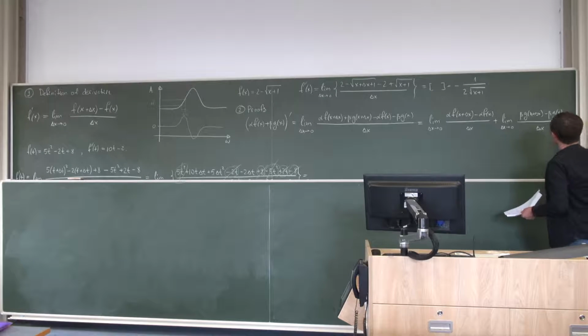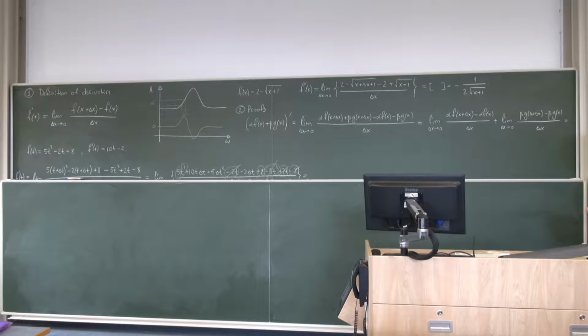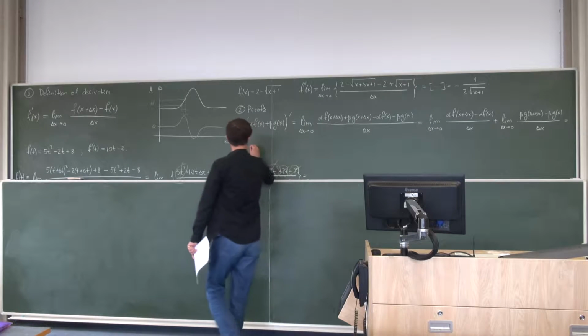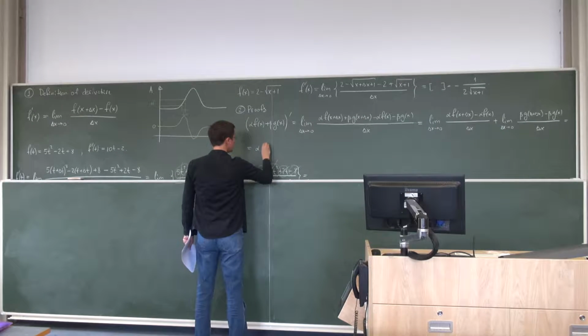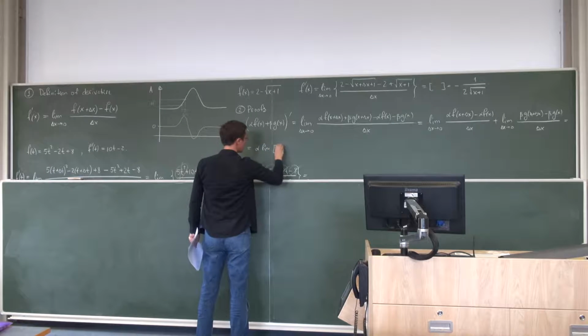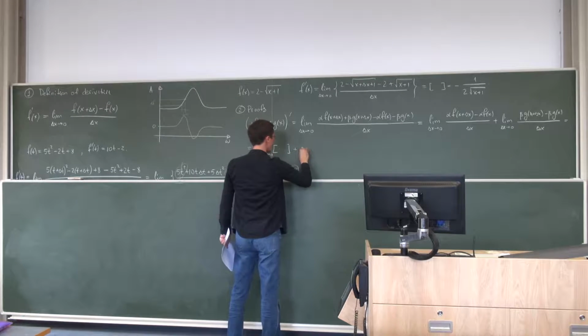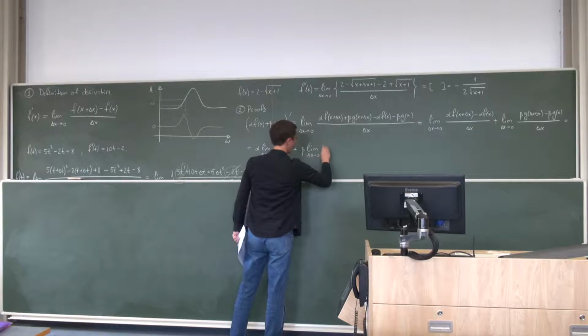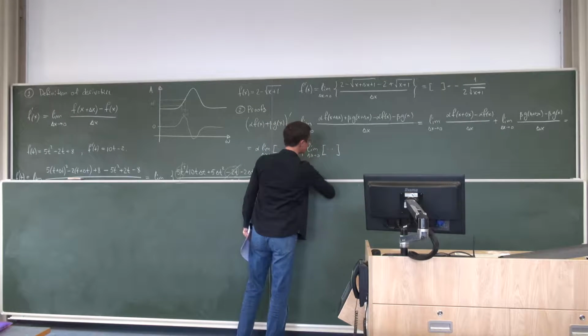The next thing I need to do is to take alphas and betas out of limits, and again you have seen that we're allowed to do that because alpha and beta are just constant multipliers. So that will then be alpha times the limit of everything that contains f, plus beta times the limit of everything that contains g.